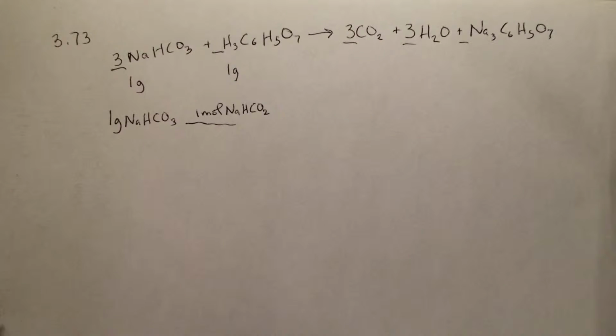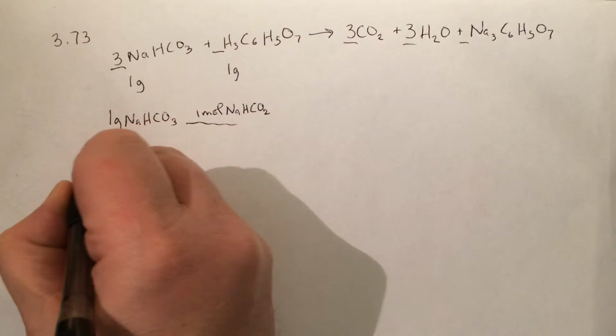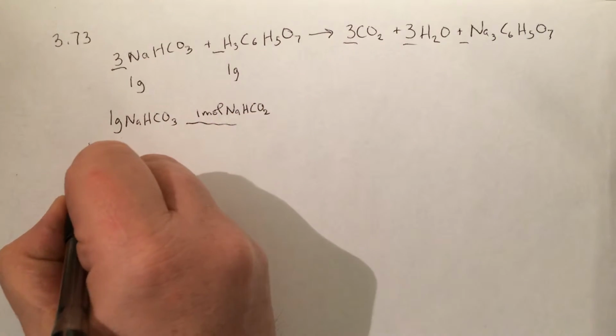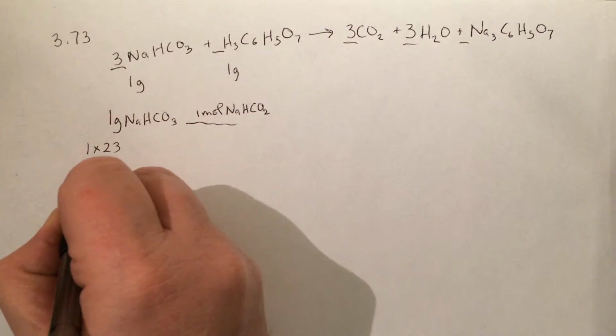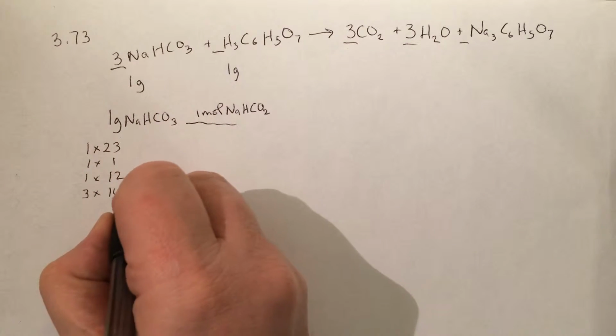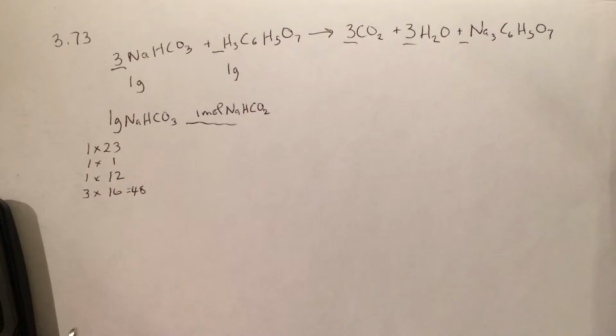Okay, periodic table. So I need to add all these up in order to find out what the molecular mass is. And I've got that sodium is 23. So I've got one of those, 1 times 23. I've got 1 hydrogen is 1. I've got 1 carbon is 12. And I have 3 oxygens. That's equal to 48.